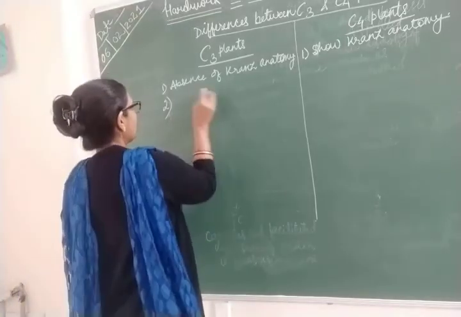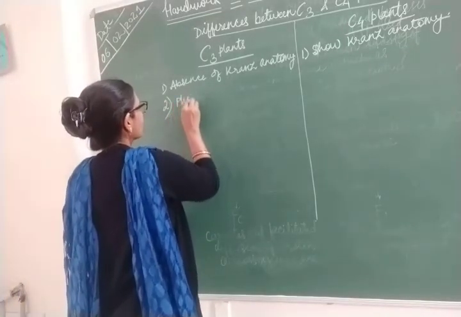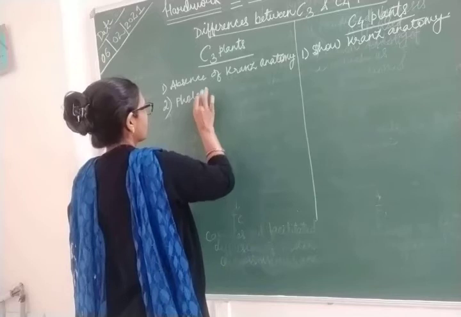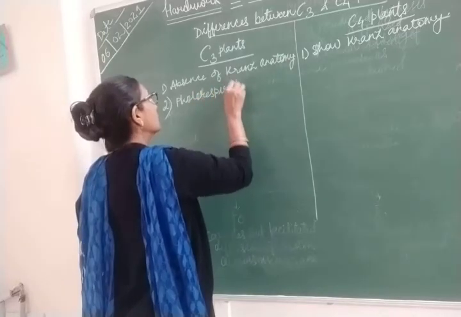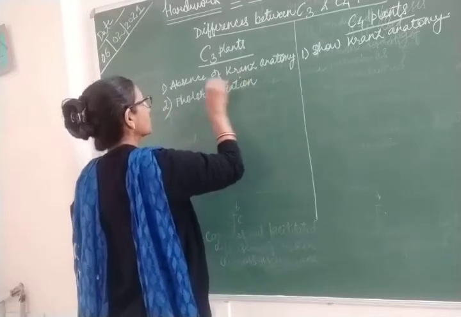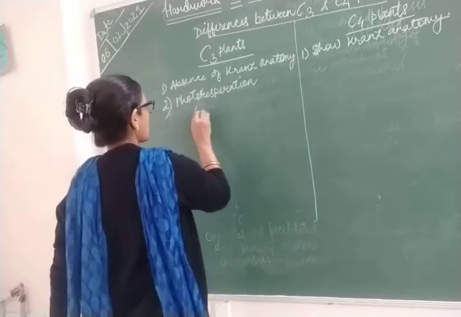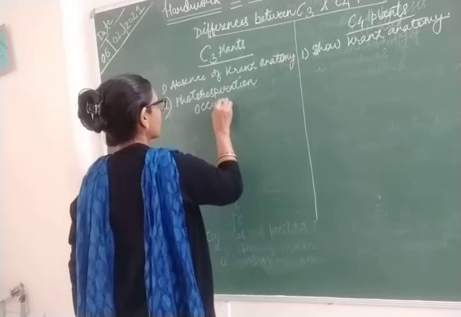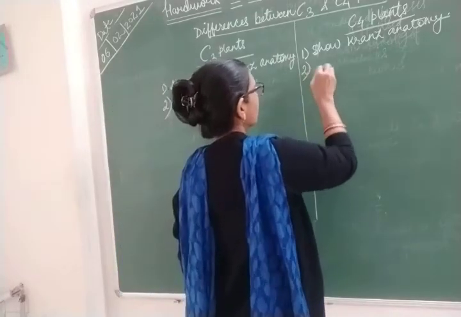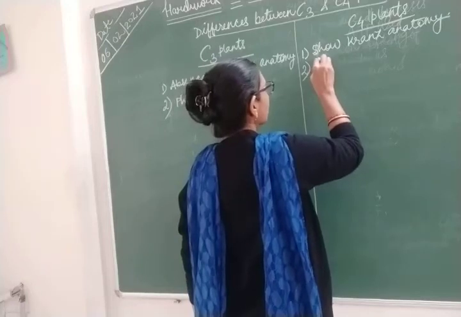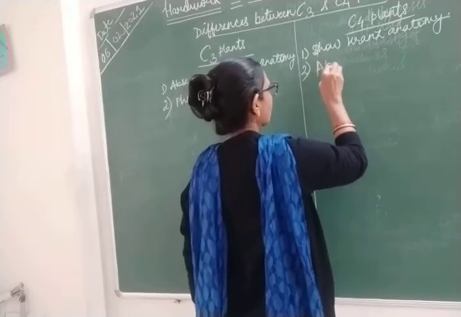In case of C3 plants, photorespiration takes place. But in case of C4 plants, there is absence of photorespiration.